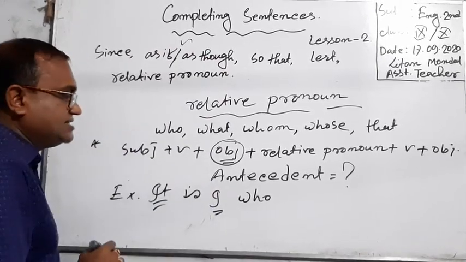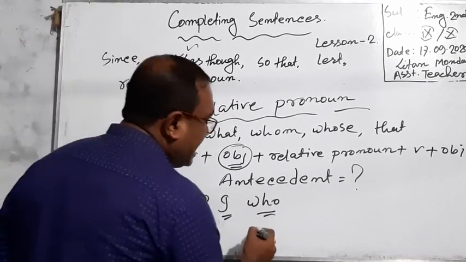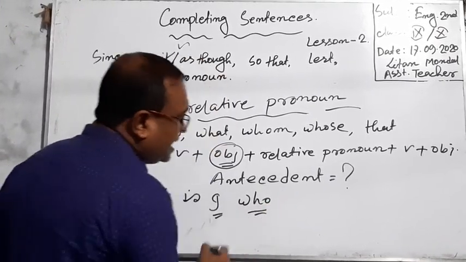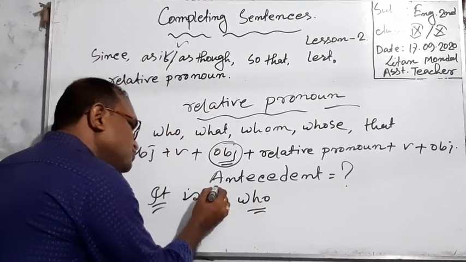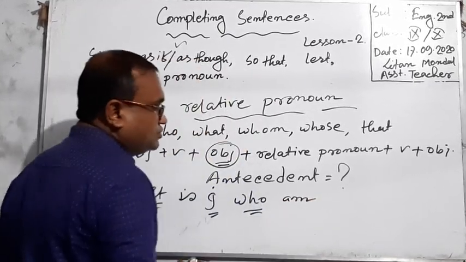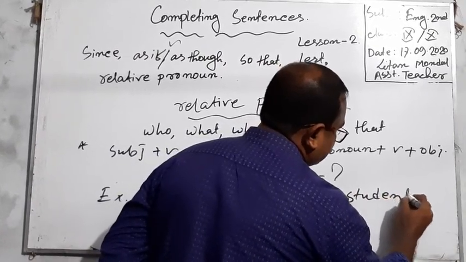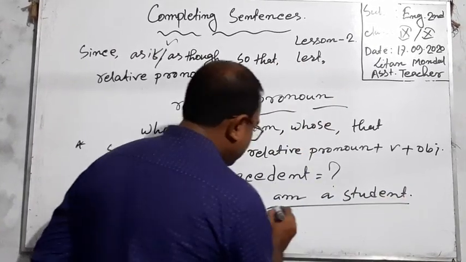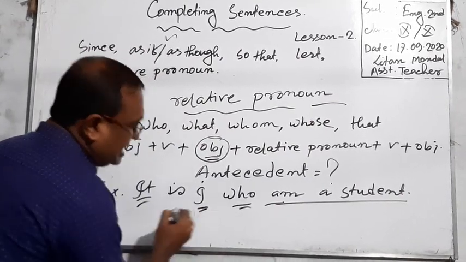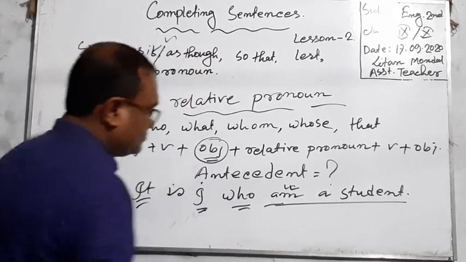Here I is the antecedent of who. Okay? And I have to bring the verb after who according to I. Here, look, I have used am, student for present tense. Here, the antecedent is I, and so I have used the verb am.